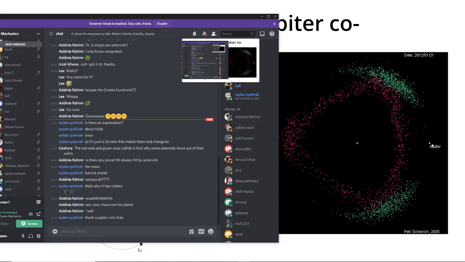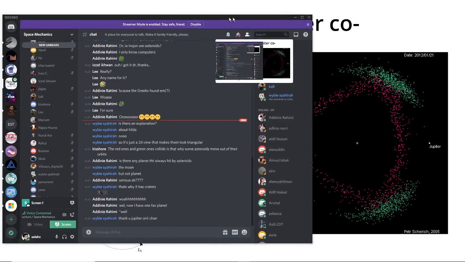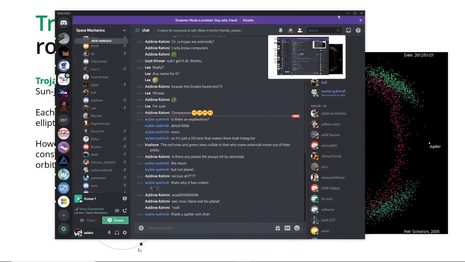Let's say you found a star orbited by some bodies, and one body is not too far from the star and not too close, so the weather is just nice, the temperature is just nice. They will also look for another big planet to act like a Jupiter. Yeah, Jupiter Oni-chan. Okay, so let's continue.